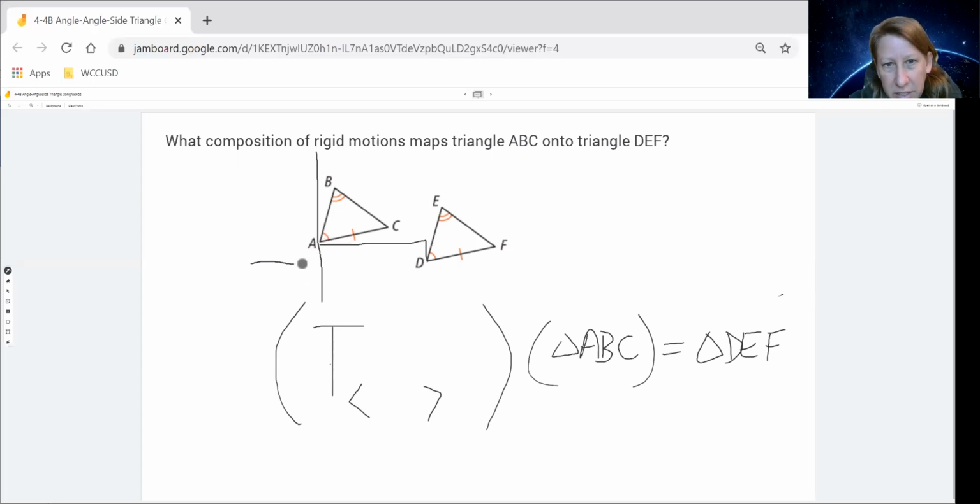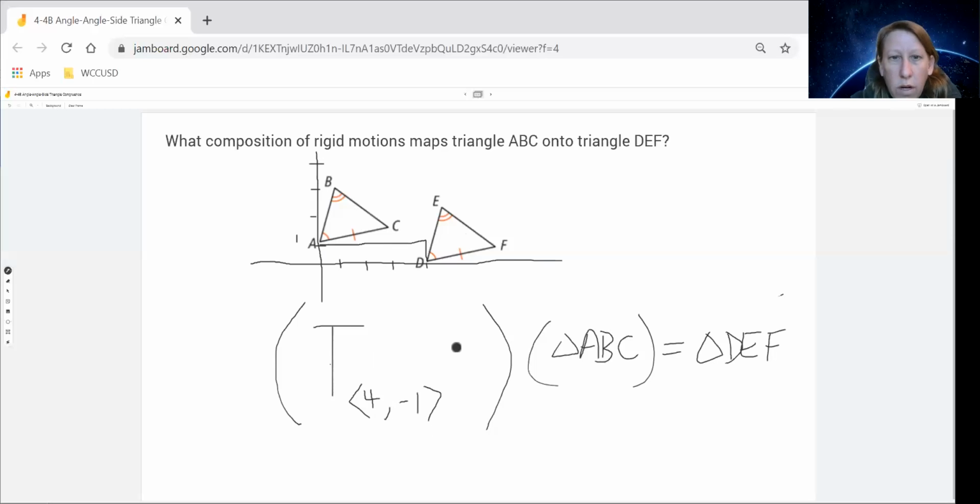If I put it on a coordinate plane, maybe I'll just go like that. Let's say this is 1 and this is 1, 2, 3, 4. I'm just kind of being a little lazy here, but we could say I'm going to move it over 4 and I'm going to move it down 1.